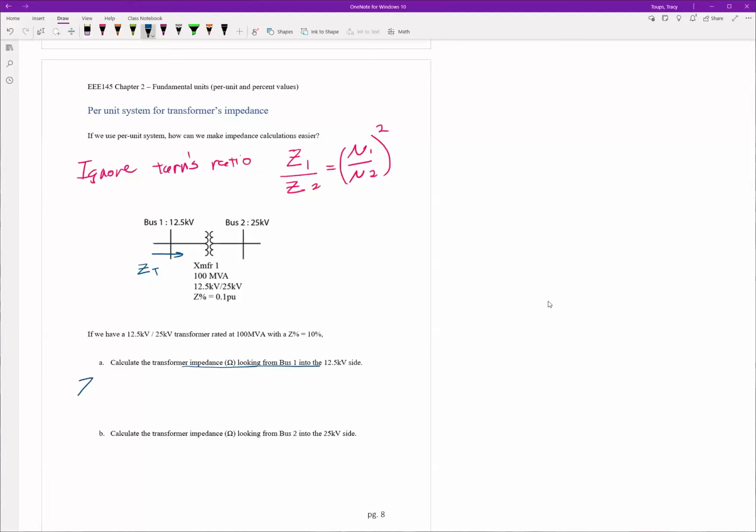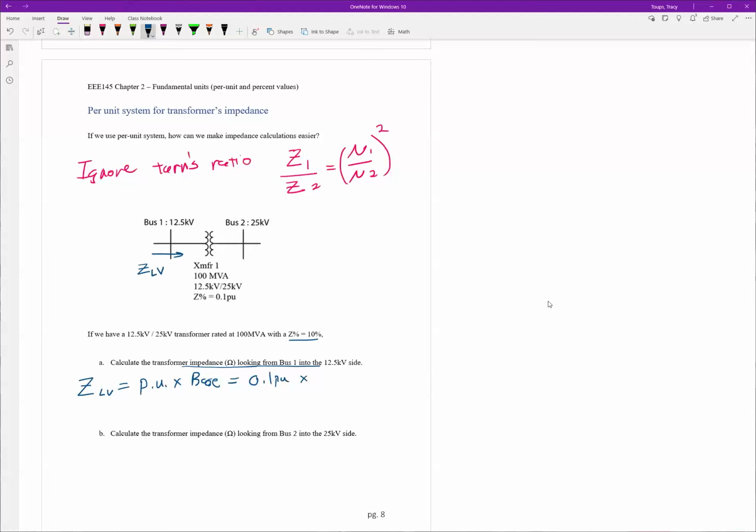I want my Z of the low voltage side, Z LV, the Z from the low voltage side looking in. So Z low voltage actual is per unit times our base value. What's my per unit? Well, they gave it as 0.1 right here, or 10%. So 0.1 per unit multiplied by my base value.